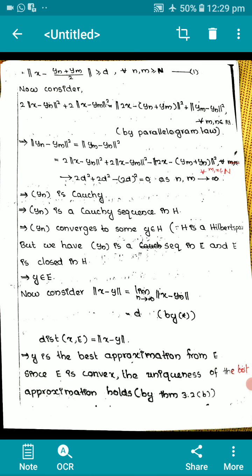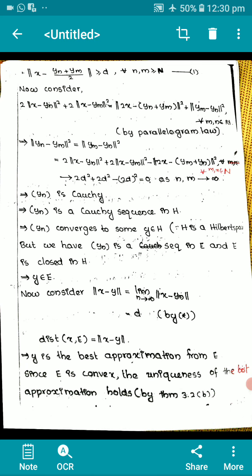So substituting in the parallelogram law, we have 2 times norm of x minus yn square plus 2 times norm of x minus ym square is equal to norm of 2x minus (yn plus ym) within brackets square plus norm of ym minus yn square. So what does it mean?